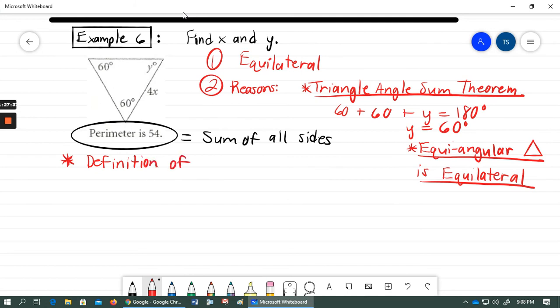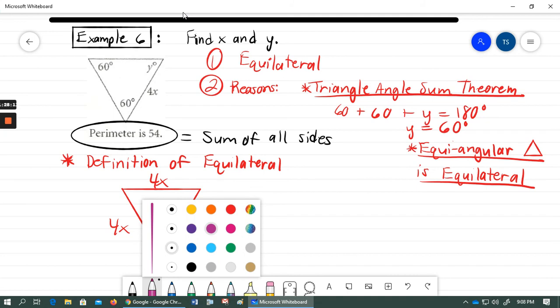If we know that one side is 4x, that means that all three sides are 4x. 4x, 4x, 4x. Because if it's an equilateral triangle, that means that all three sides are equal, correct? Alrighty, great. All three sides should have the same length, 4x, 4x, and 4x. And then, folks, if you use the definition of perimeter from there, then we can go ahead on and do what we need to do.